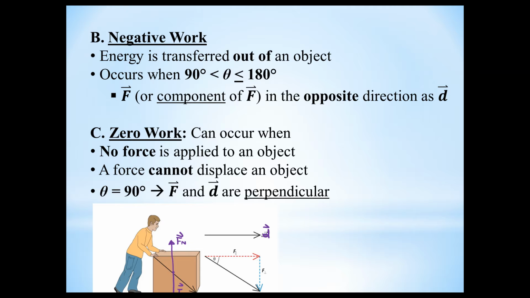Furthermore, if we look at our applied force here, if we apply force at an angle, it's only the parallel component to your displacement vector that's doing any work. The perpendicular component to your displacement is not doing any work at all. Therefore, as the perpendicular component gets bigger and the parallel component gets smaller, you start to progressively do less and less work.